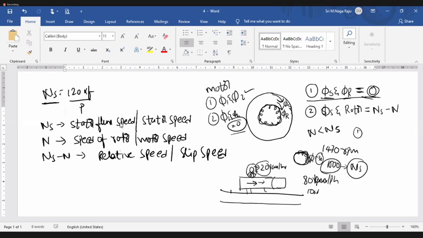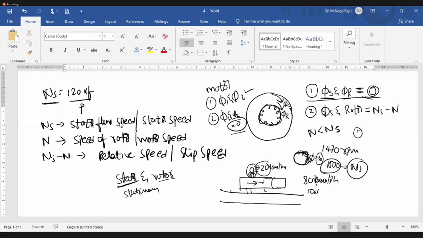So the relative speed will be the rotor speed. First of all, you have to understand the question: what is the relative speed between the stator and rotor? What is the stator speed? 0, it is stationary.